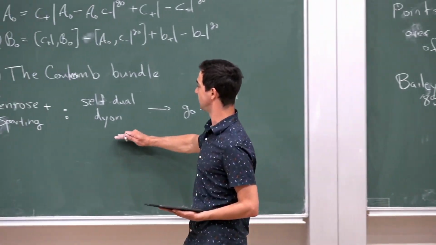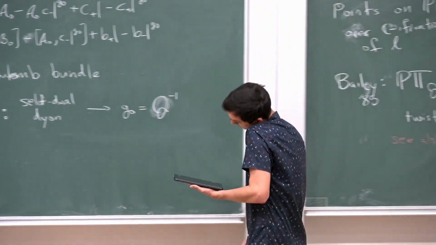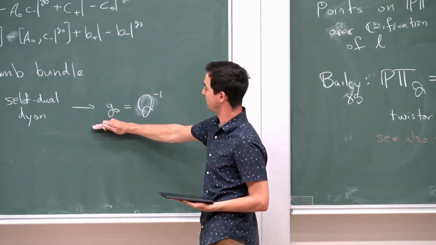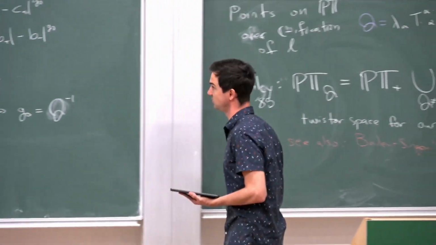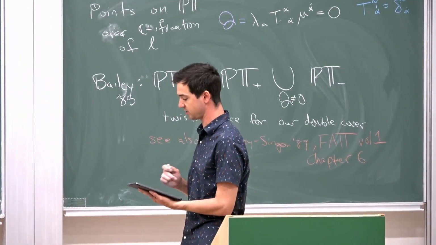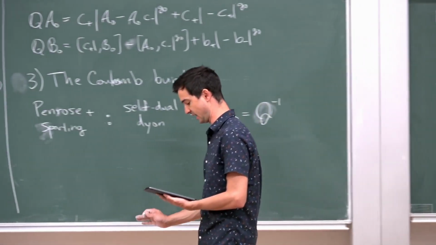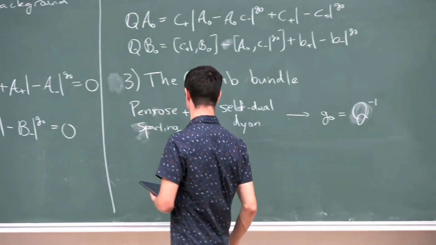So we can realize the self-dual Dion configuration in 4 dimensions by looking at the 6-dimensional bundle on this non-Hausdorff twistor space, where I take my gauge transformation G0 to be Q inverse. And I can explain a little bit in more detail what that looks like.